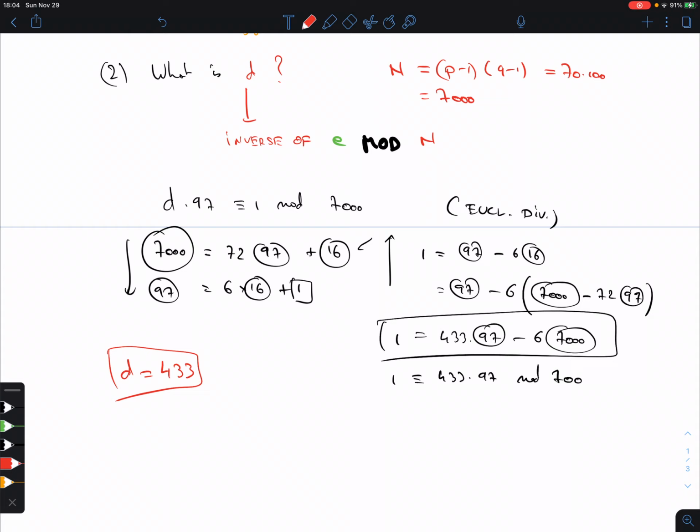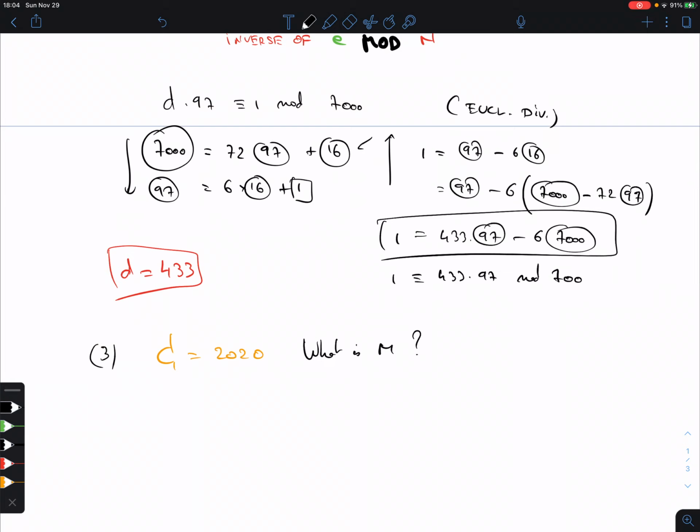Okay, and now last question. Say she receives a message, say from somebody else or from Bob again, and the coded message she gets is 2020. Okay, so what was the original message? I'll write cryptic, but on the test I'll write it in words. So what does she have to do now?